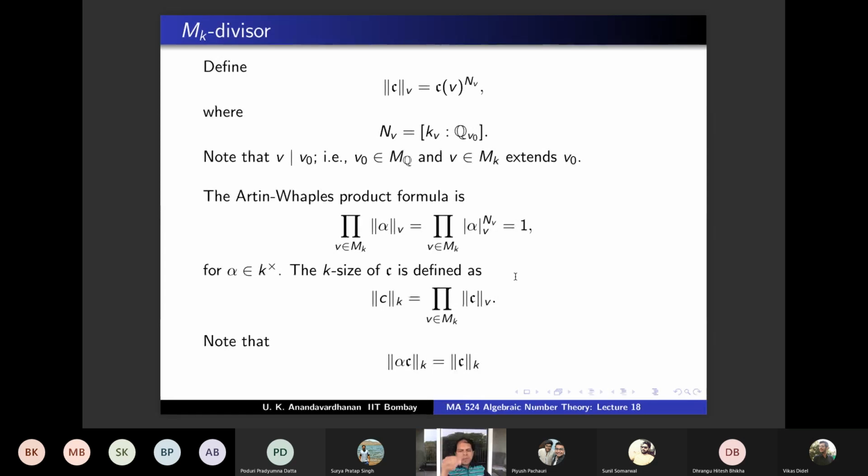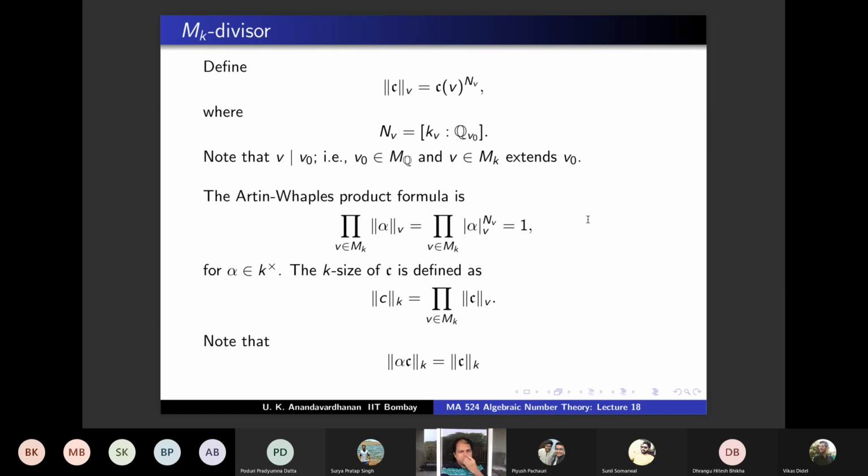As we said, alpha gives rise to an MK divisor, and the product of two MK divisors is an MK divisor. If you take the size of it, it is the same, because the size of the product will be the size of alpha times the size of C, and the size of alpha is 1. That is exactly the product formula.